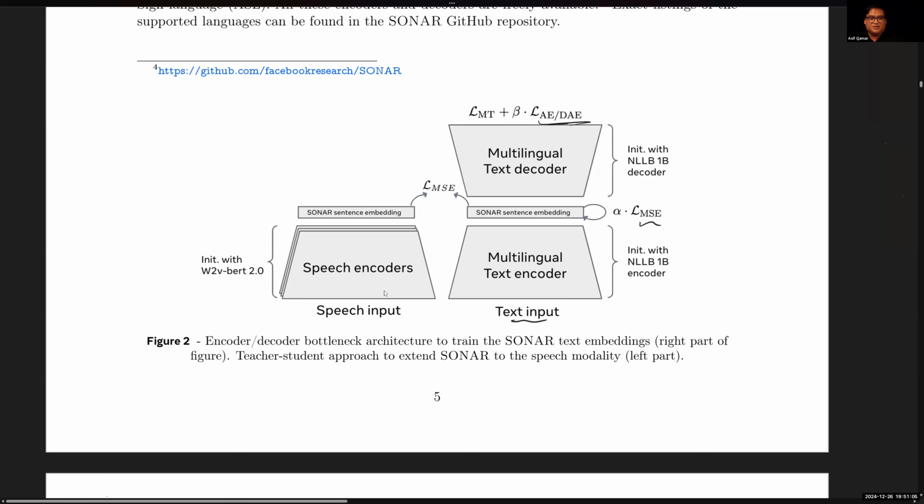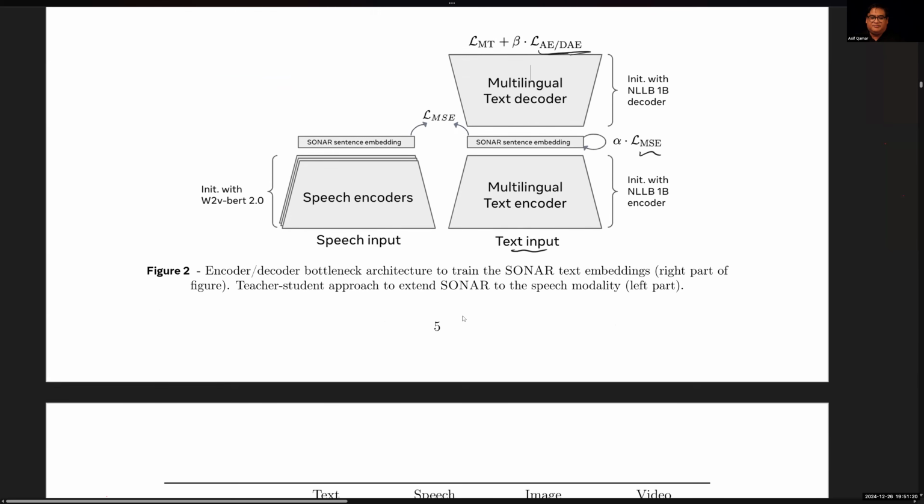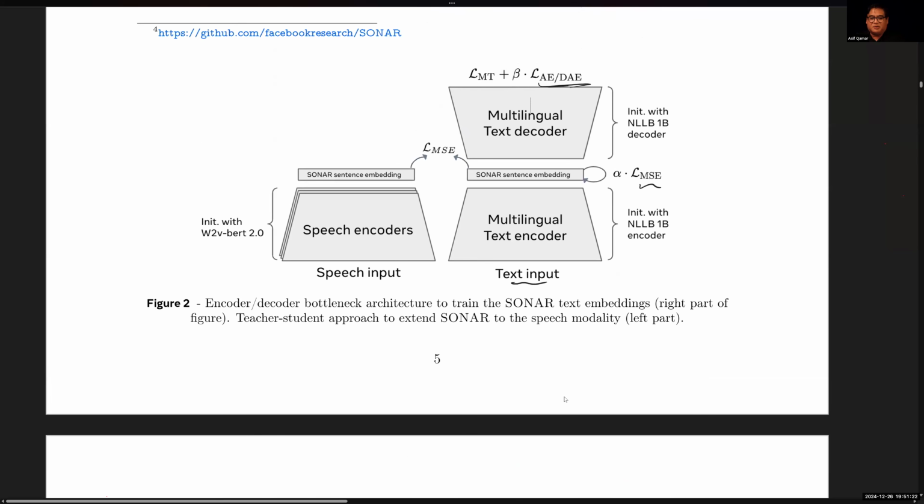This is the work done for Sonar, so we won't revisit it. Suffice it to say that if you give it one sentence, you get a sentence embedding, which, if you're familiar with Sentence-BERT, should look very familiar, except that it's a little bit more powerful.